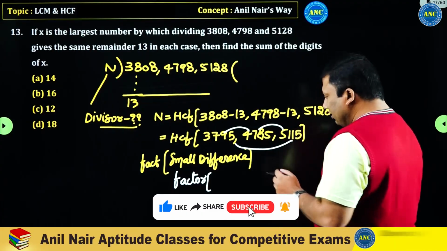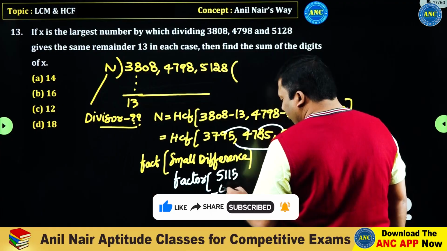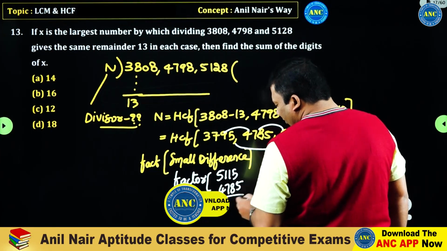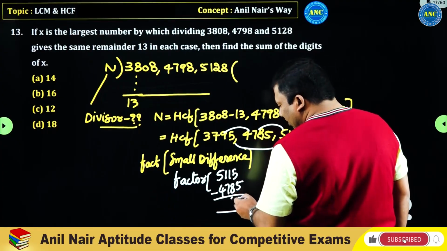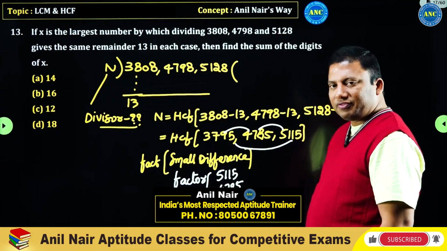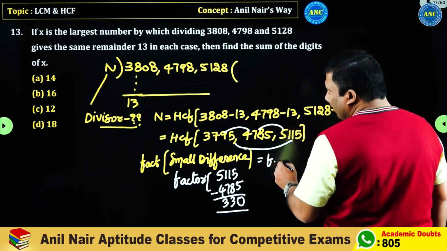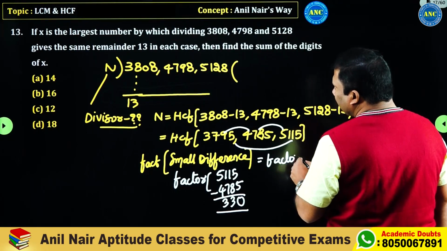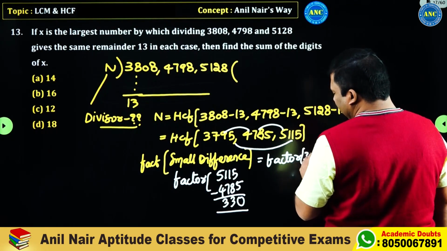So I will take the factor of 5115 minus 4785. 5 minus 5 is 0, 11 minus 8 is 3, it is 330. The answer will be a factor of 330.